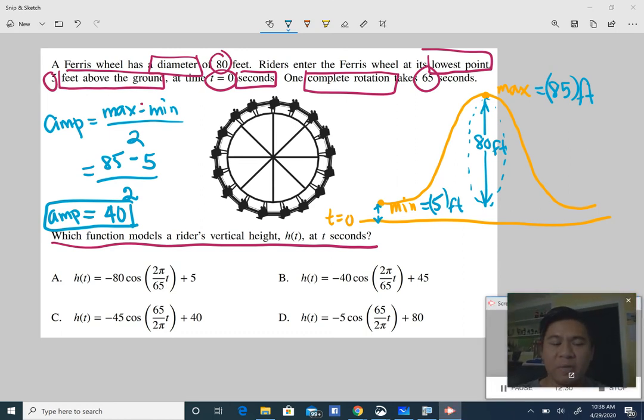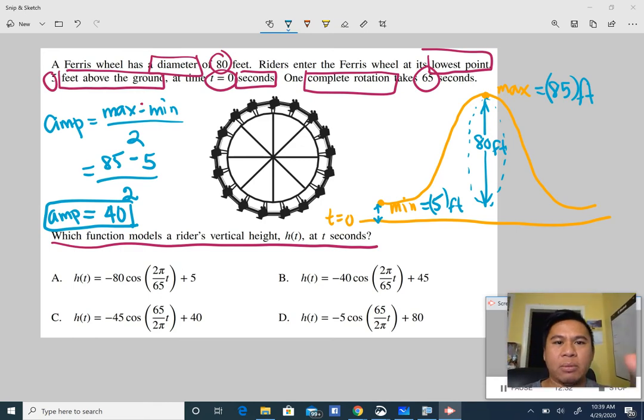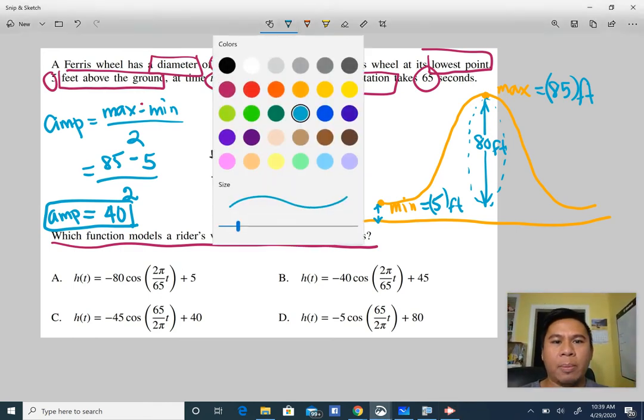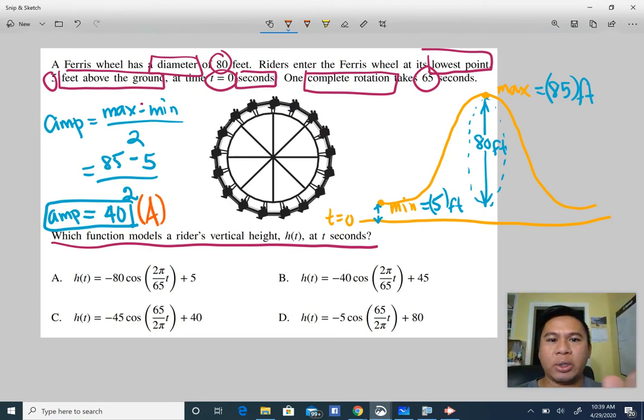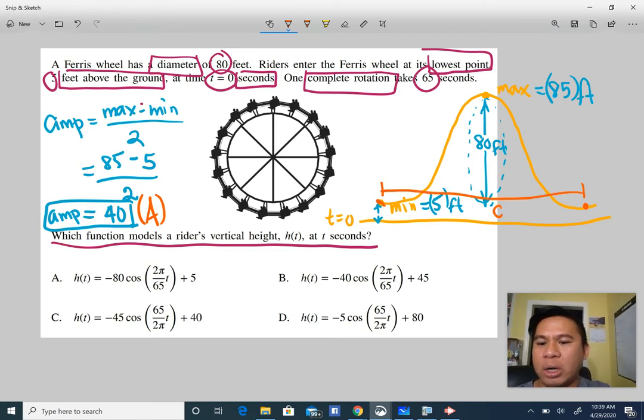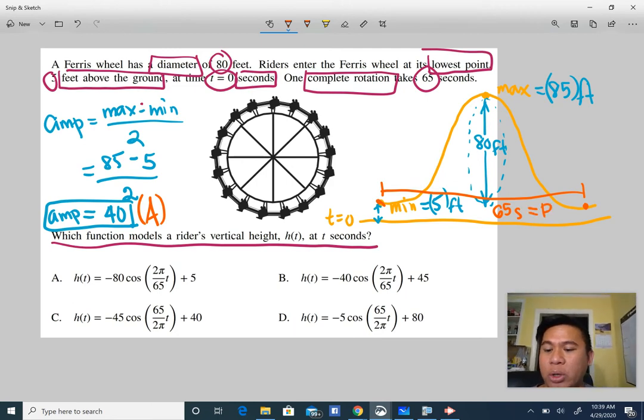If the amplitude is 40, then our value for a is also 40. It also says that one complete rotation is 65 seconds. That means from the minimum up to the minimum is 65 seconds, which is our period, or the time it takes for one complete cycle.